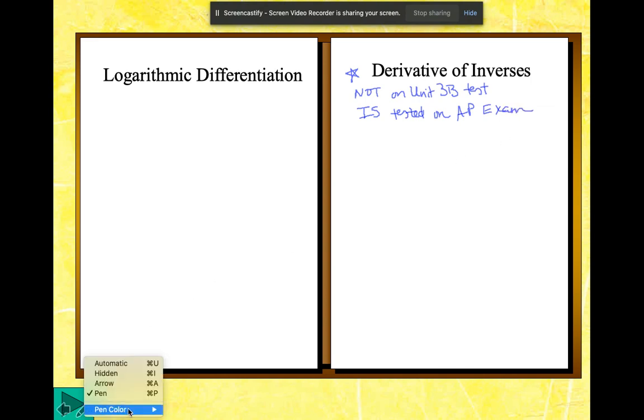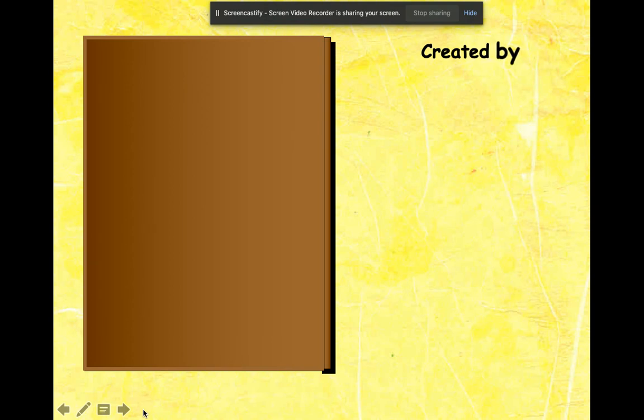You might want to do an example of AP style, which is like that table style, and a traditional one from maybe that handout. And then this back is blank.